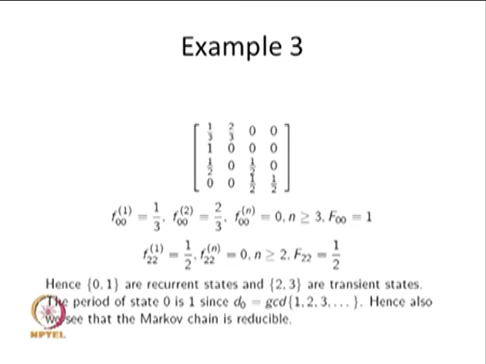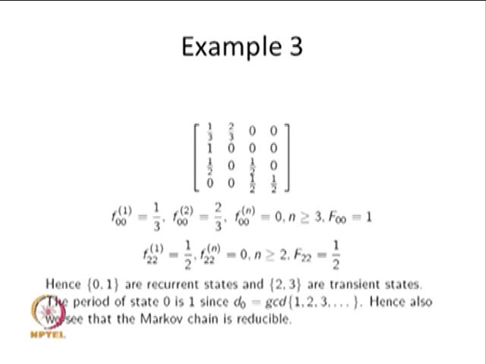Whereas for state 2, if you find f2,2 of 1, coming back to the same state in one step, that is going to be a nonzero value. f2,2 of 2, exactly 2 steps, is not possible, so that is going to be 0, and so on.